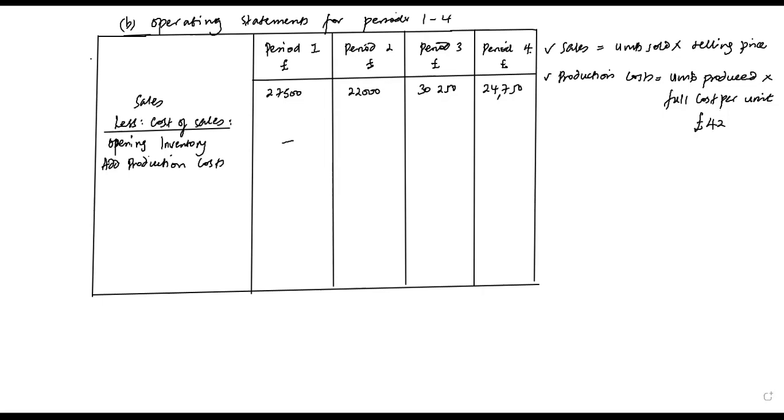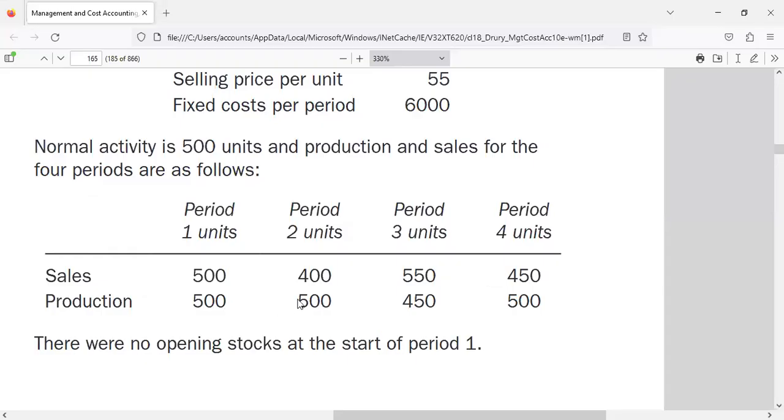Just take you back. Production 400 times 42, 500 times 42, 450 times 42, and the 500 times 42 to come up with your production costs.